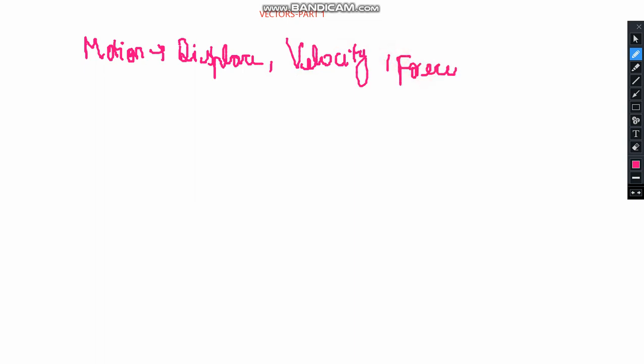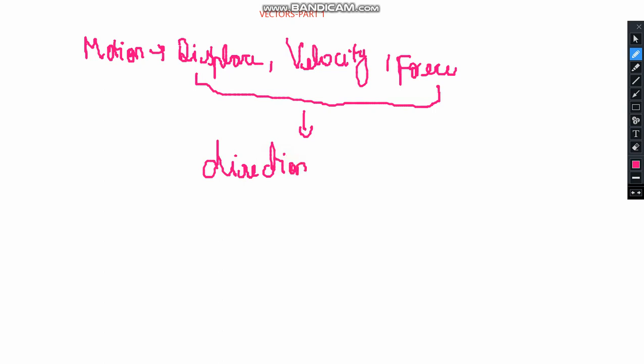All of these usually come with directions. Without direction, they are useless. As I already mentioned in the motion chapter, they are all vectors.